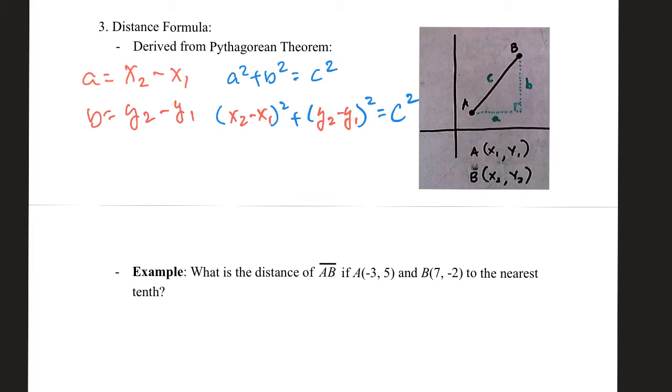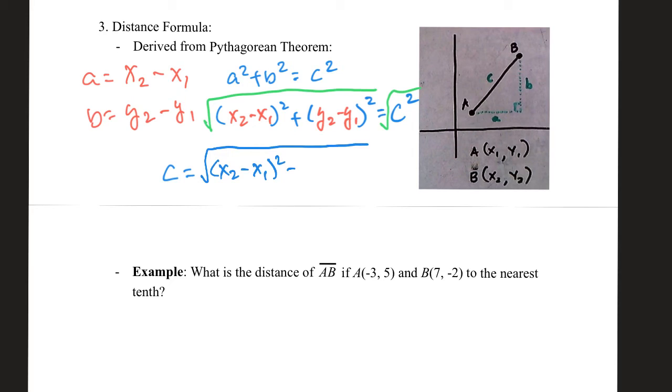And then from here, to find c, we've got to take the radical of both sides. And then therefore, now we have c is equal to, I'm just going to leave this whole side just the way it is. So this is going to be a long radical, and then x2 minus x1 squared plus y2 minus y1 squared.